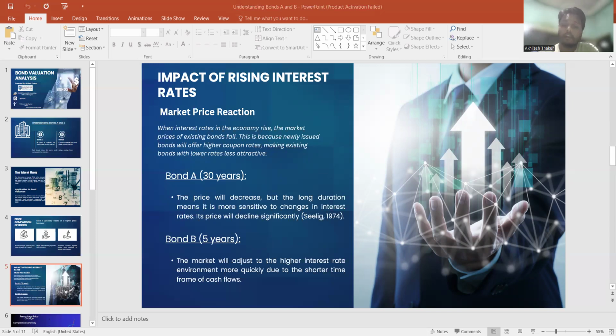And bond B only has 5 years left to maturity, so its price is less affected by rising interest rates. This is because it will be repaid soon, and investors don't have to wait as long for their money back. In short, bond A is much more sensitive to interest rate changes, and its price will drop more than bond B in a rising interest rate environment.